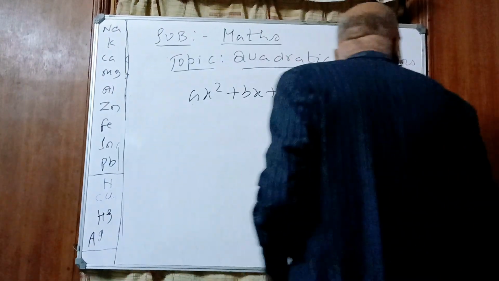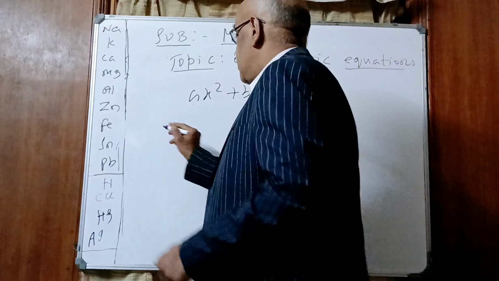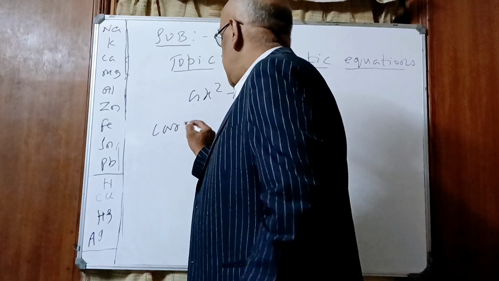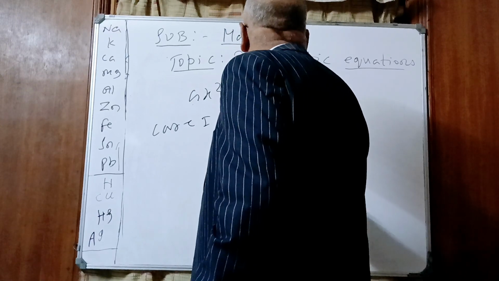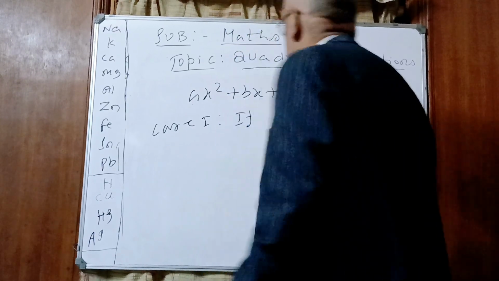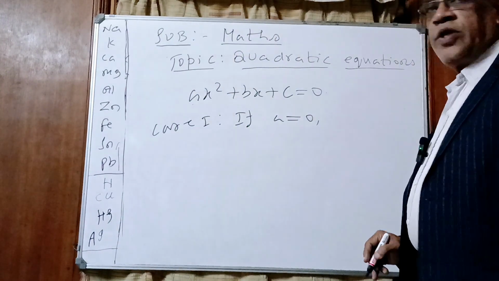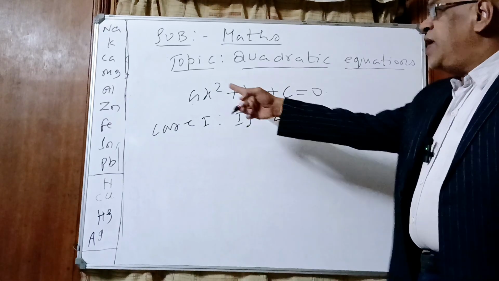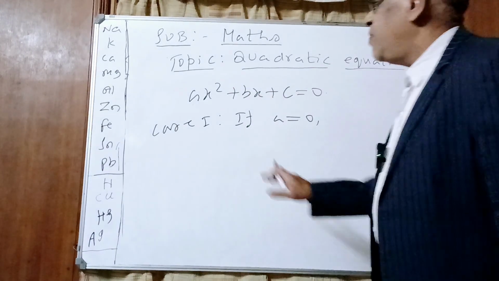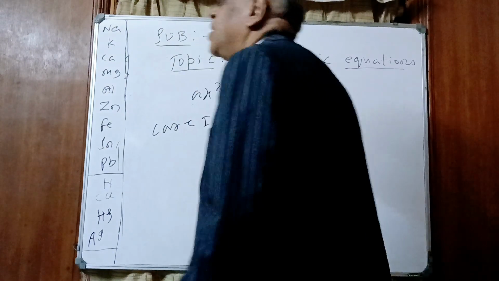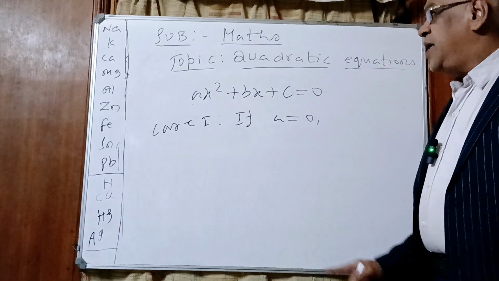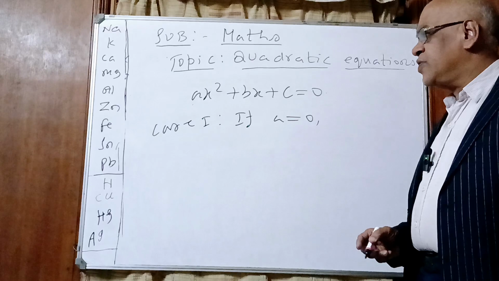Come to the cases, children. Case 1. If a is equal to 0, what happens, children? What is ax square meaning? ax square meaning is a into x square, the product of a and x square, isn't it?